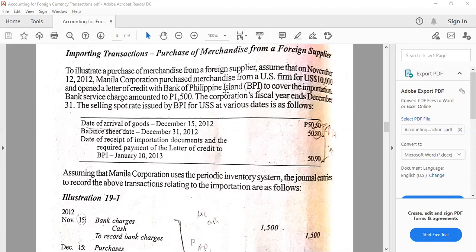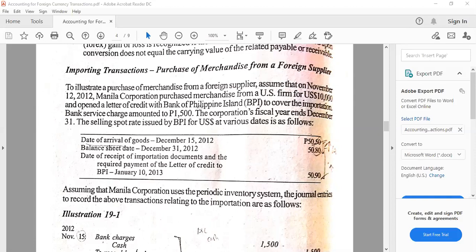Now, we have to take note that when we enter into these transactions, they are to be done bank to bank. So they have, of course, to undergo, for example, here, letter of credit with the bank so that the company can buy currencies from the bank, and then the money will be transferred from the bank to a US firm.